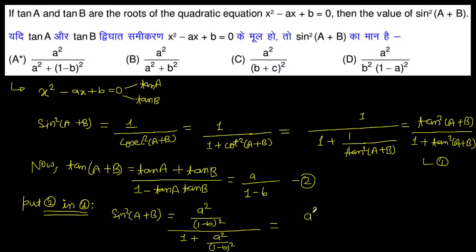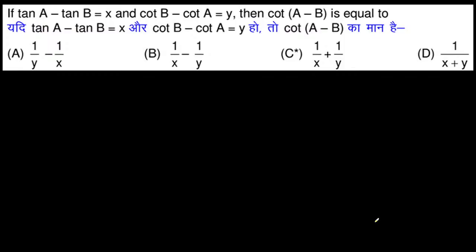We will get a square upon ((1 minus b) whole square plus a square). So this is the answer. So this is how we solve this type of question. Next question.